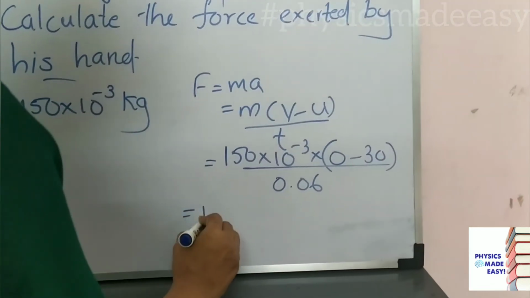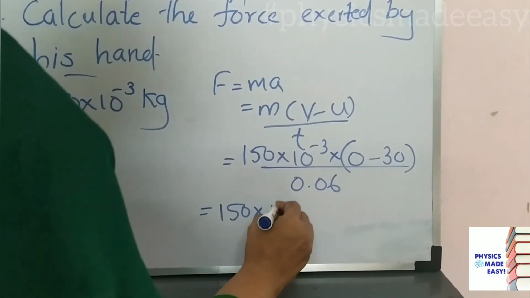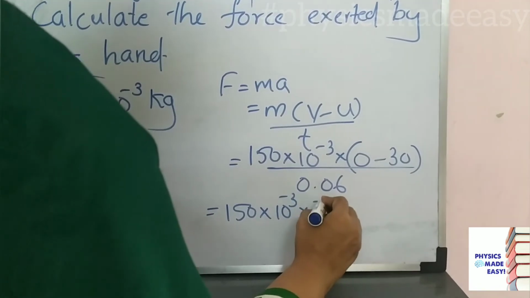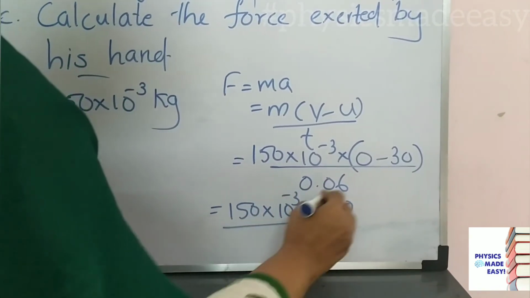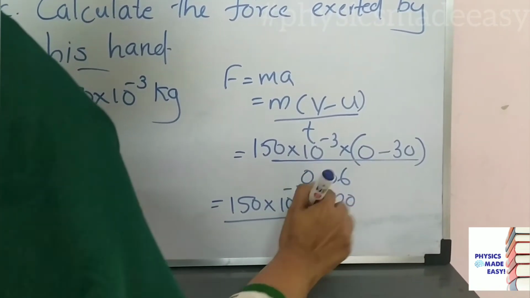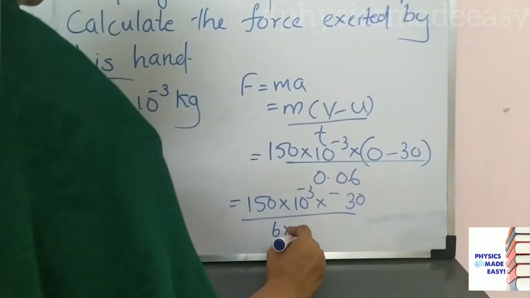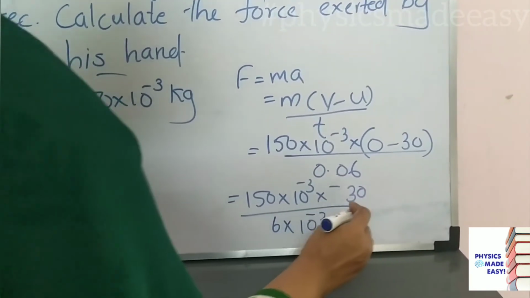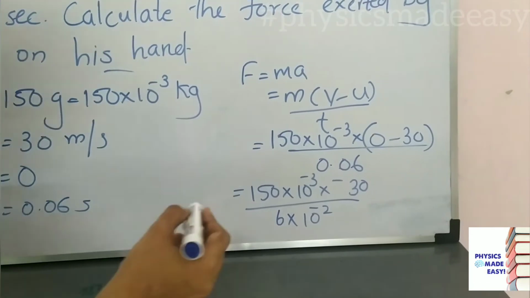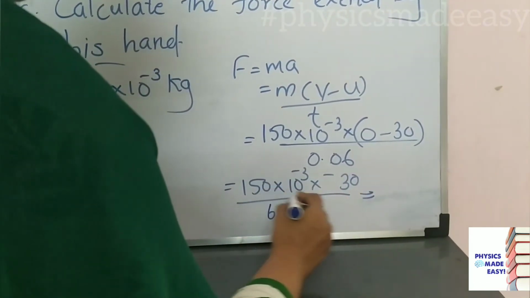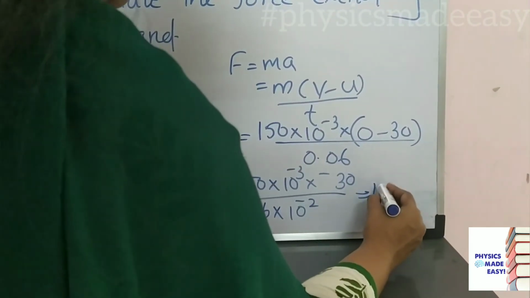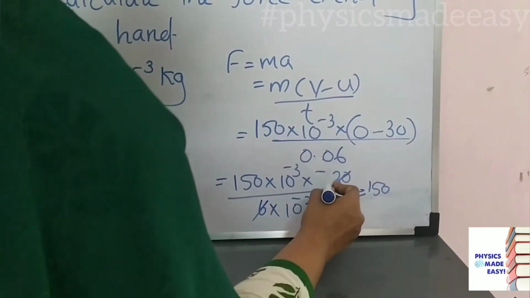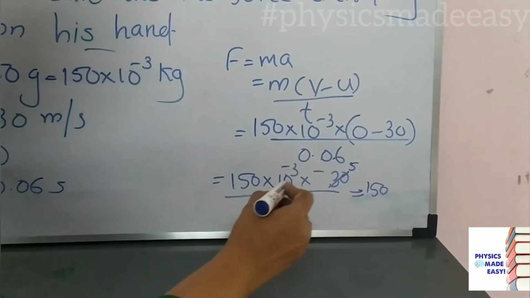So here for solving we can write like this: 10 raised to minus 3 into minus 30 divided by 6 into 10 raised to minus 2. Then how can we write this? Here you can see 150 there. Then 6 and 30 we can cancel, then there will be 5 here.